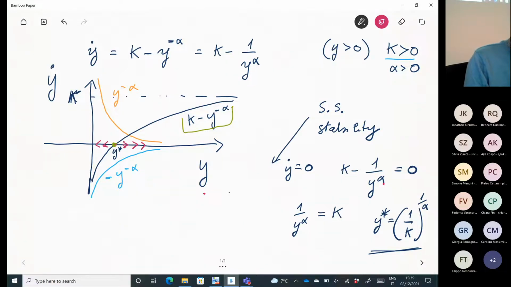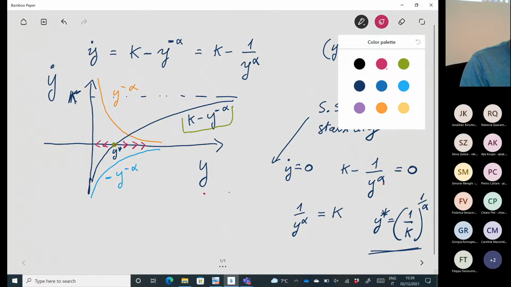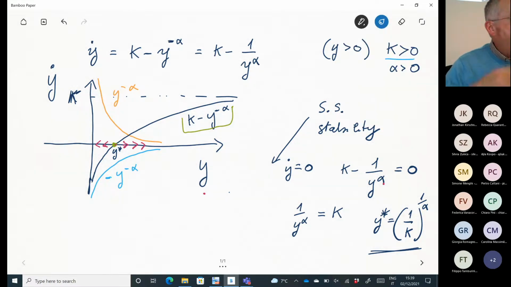In which case, we would have a movement towards decreasing level of CO2. So, if I decrease K, this increases. Suppose that out of the blue, there is an agreement by which the level of emissions decreases immediately to a much smaller level, okay? Well, this would increase. So it goes, for instance, here.